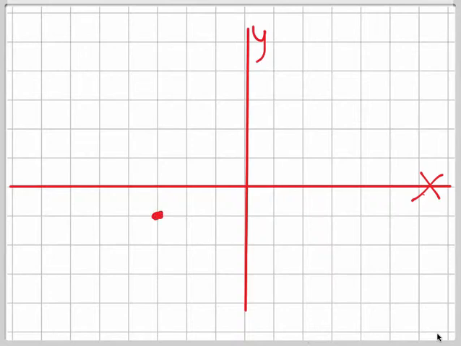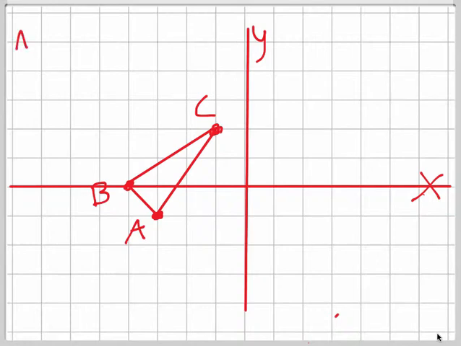Let's plot one here, point A. What I'm going to do is I'm going to draw a triangle, and we're going to rotate it 90 degrees about the origin. Now, what I would suggest you do is name the points. Okay, let's name A, B, and C.